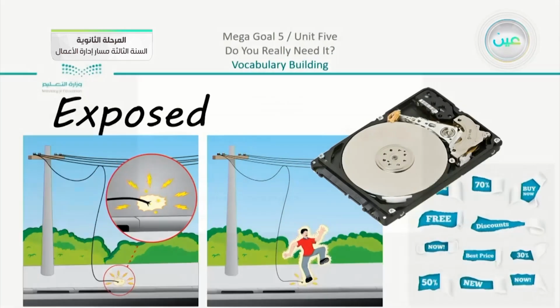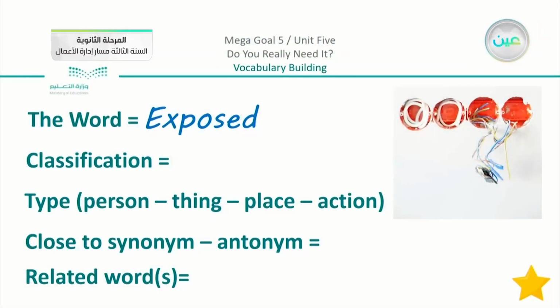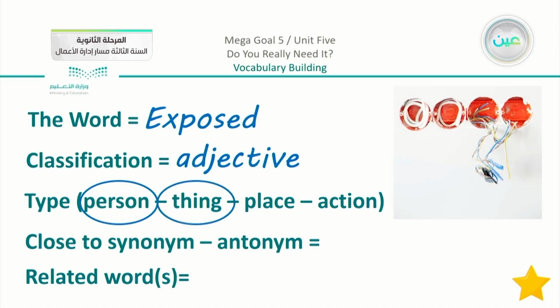But in general, we are going to say that we have here the word exposed. We are describing the wires here, that they are exposed, or the advertisement that is exposed, which makes it an adjective. This adjective can be used for a person, a thing, a place, or an action. I can describe an action as an exposed action, or a place, an exposed place, or even a thing.